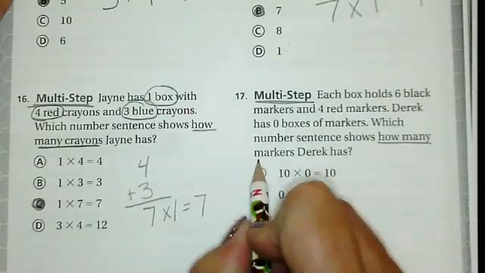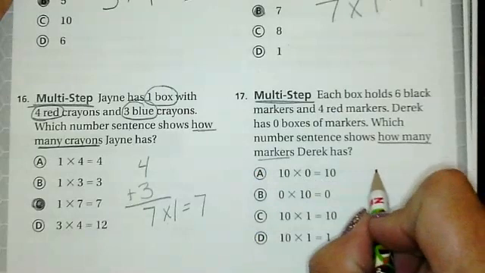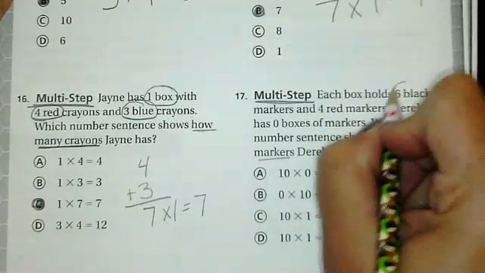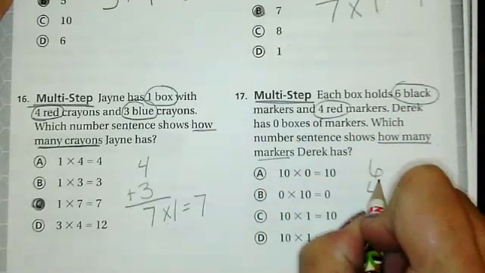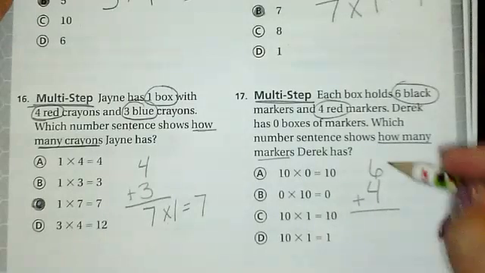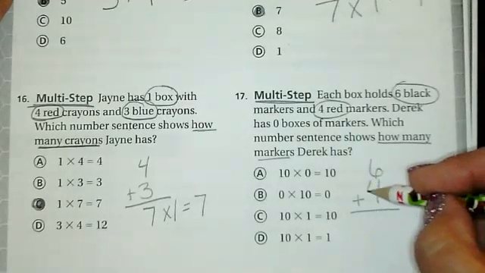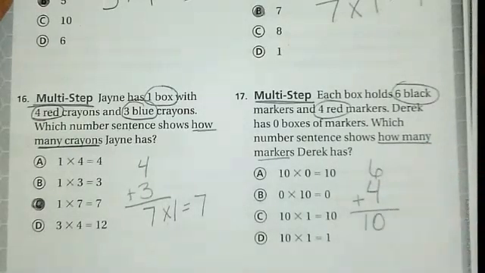So how many markers does Derek have? Well, we know each box holds 6 black markers and 4 red markers. So how many markers does each box hold? What is 6 plus 4? I have 6, 7, 8, 9, 10. So 6 plus 4 is 10. So I have 10 markers.